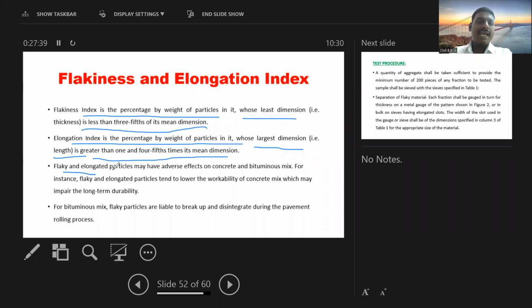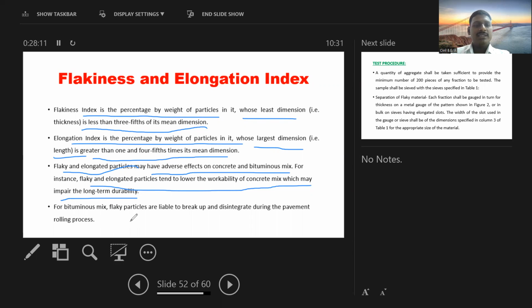Flaky and elongated particles may have an adverse effect on the concrete and the bituminous mix. Flaky and elongated particles tend to lower the workability of the concrete mix, which also impairs long-term durability.